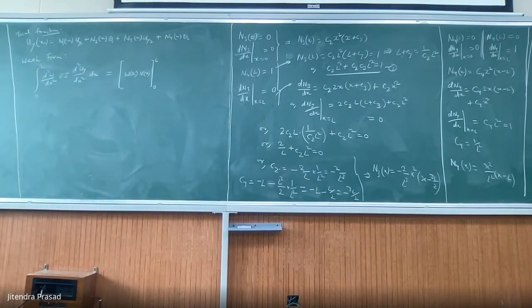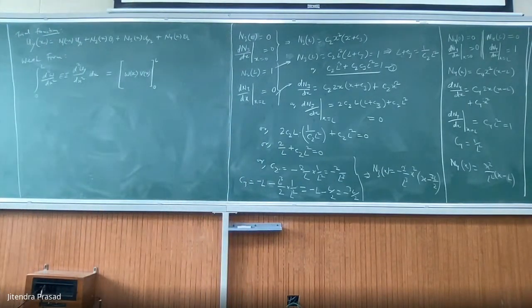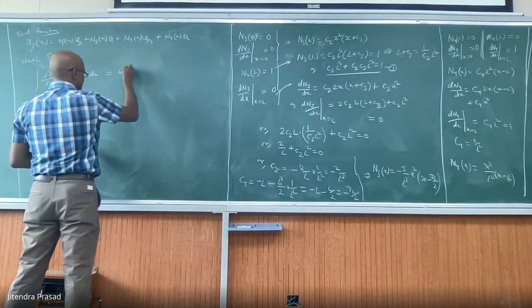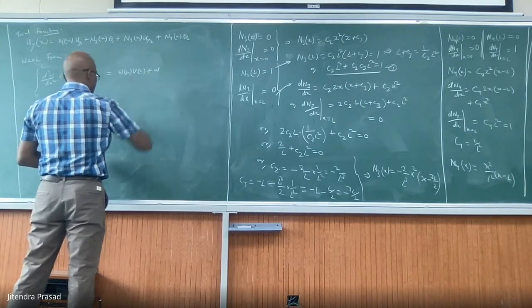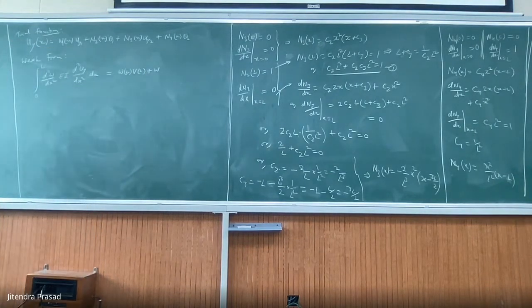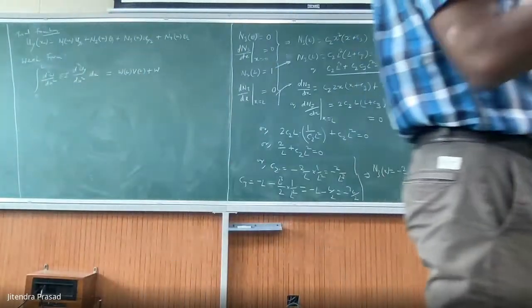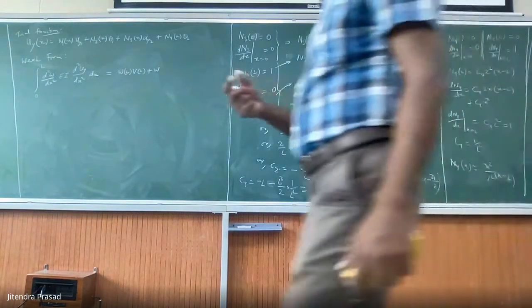Or you can write differently. This is how we do it, but you can also write W at L, and then plus, not minus, plus. This will be a plus because the sign is different, right? So the minus here cancels out, makes it plus.